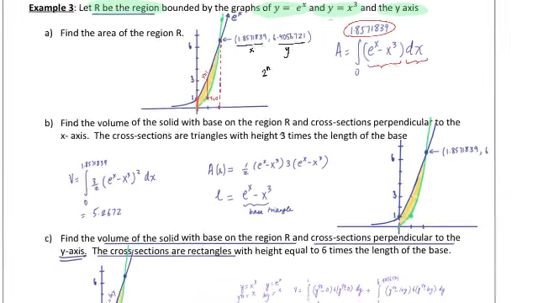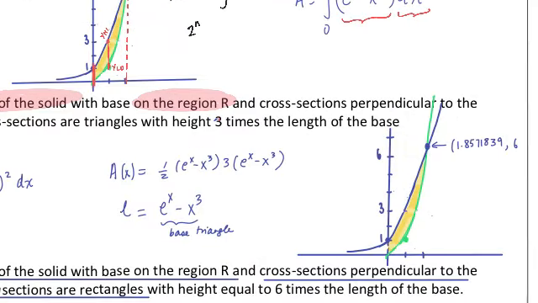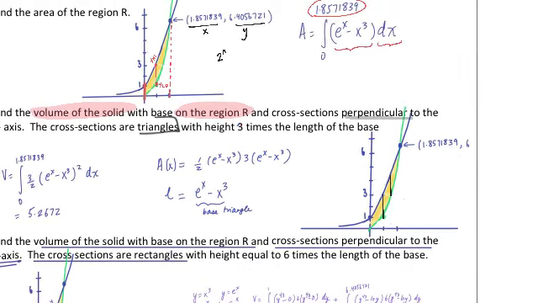Okay, so then the next part said, find the volume of the solid with base on the region R, which is that yellow region, and cross sections perpendicular to the x-axis. So now remember, the cross sections perpendicular to the x-axis, what that means is that the cross sections are like this, just like our y high minus y low, and the cross sections are triangles.